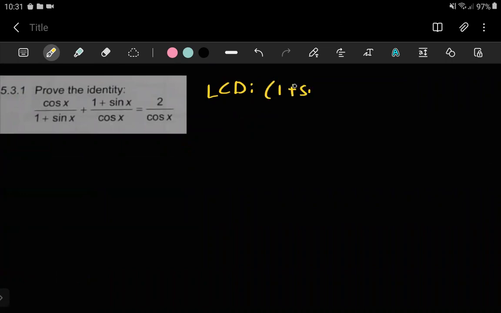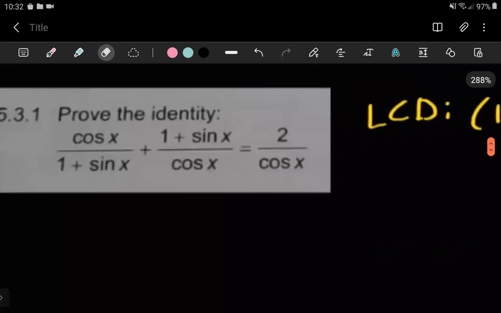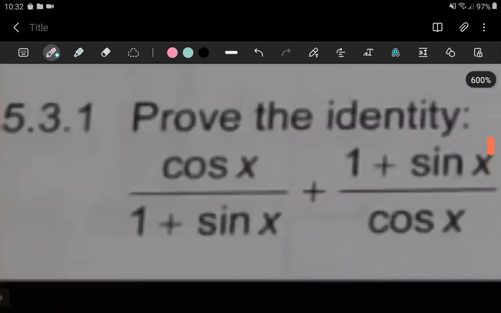1 plus sine x and then cos x, without overthinking anything. So this we would need to multiply by cos x over cos x. Let me write it a bit clearer.